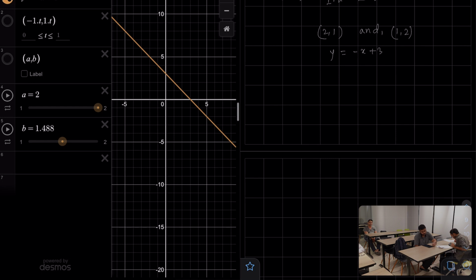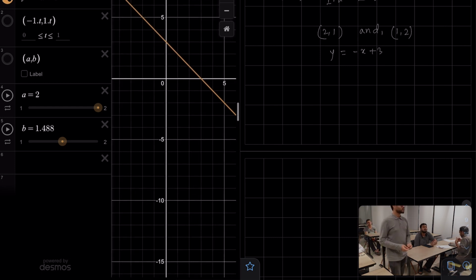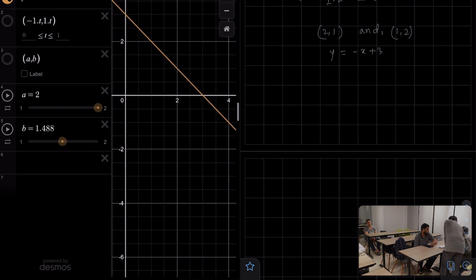Um, how do I do this? How can I change the divisions, not just considering 0 to 5? Divisions means you want shorter divisions.